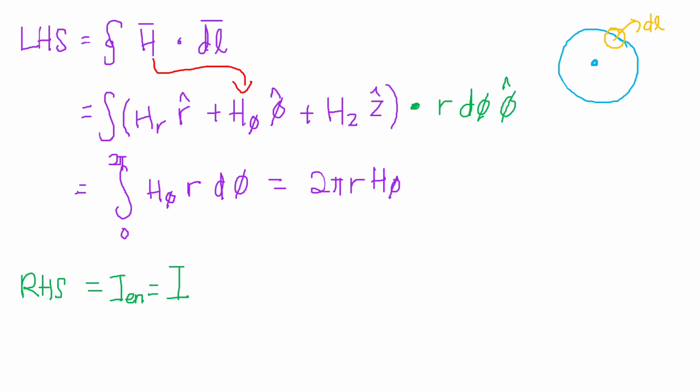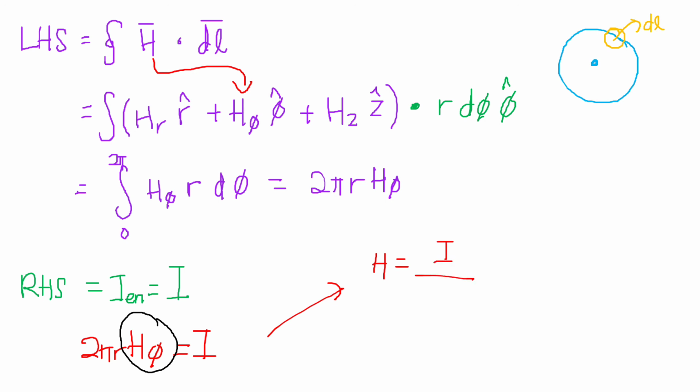So now we need to relate the left hand side and the right hand side. Okay, I can write here 2 pi r H phi is equal to I. And now we want to find this H. Okay, so I'm going to write H equal to I over 2 pi r.